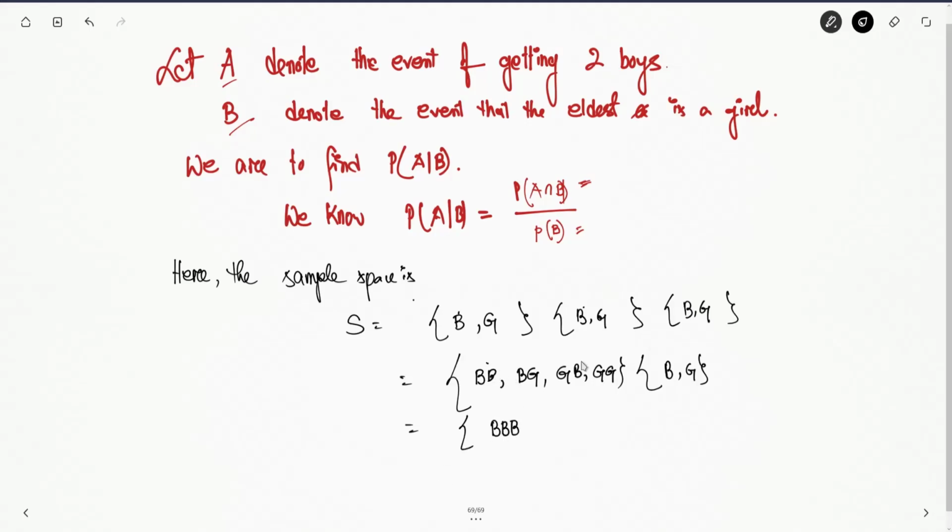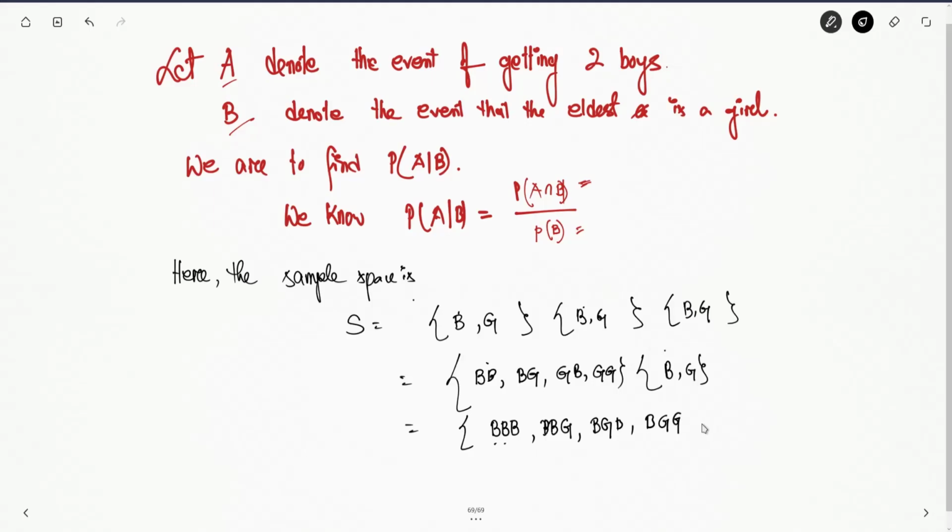So I am multiplying this by this: B, B, B, that means boy, boy, boy. First boy, second boy, third boy, all 3 of them are boys. Then B, B, G: first 2 are boys, the last one is a girl, right? Next we get boy, girl, boy, right? Next we get boy, girl, girl.